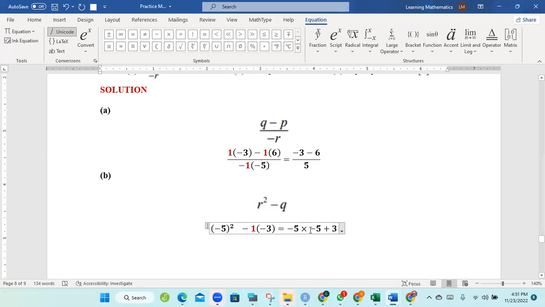Now, -5 times -5 is the same as 5 times 5, because -5 times -5 is 25. 5 times 5 is 25. And then you have the +3. Now remember, we are not required to work it out. But 5 times 5 is 5 squared. So that's equal to 5 squared plus 3. Okay. And let's move on to scenario C.